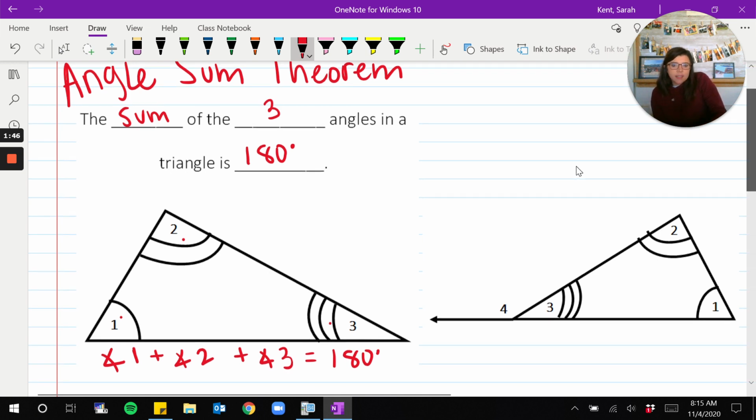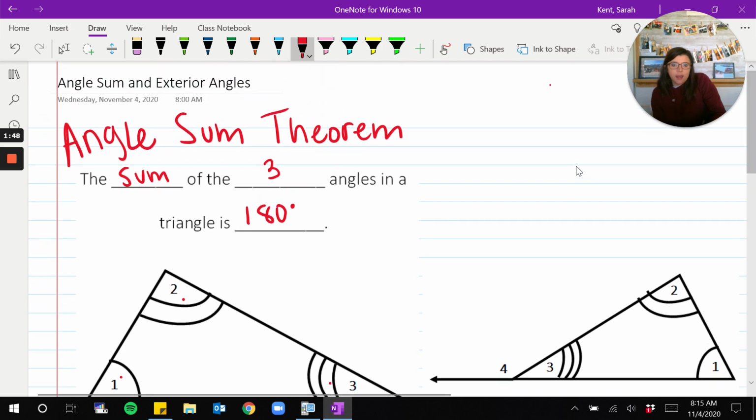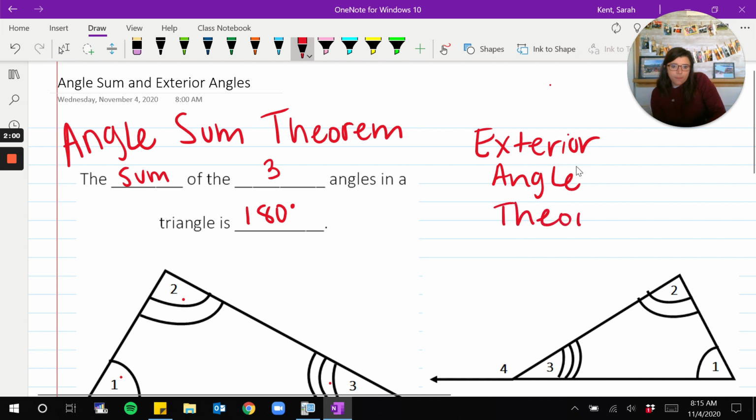And then our second theorem is called the exterior angle theorem. This time we're looking at an exterior angle. If you remember from last unit, exterior means it is outside of our triangle.